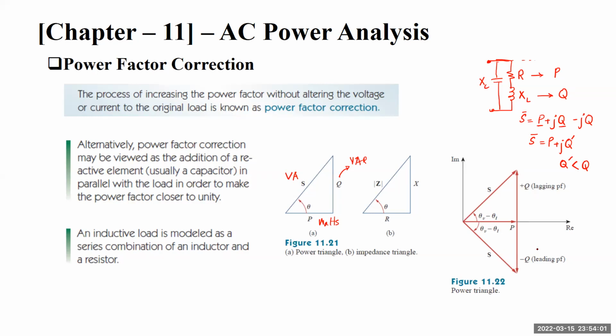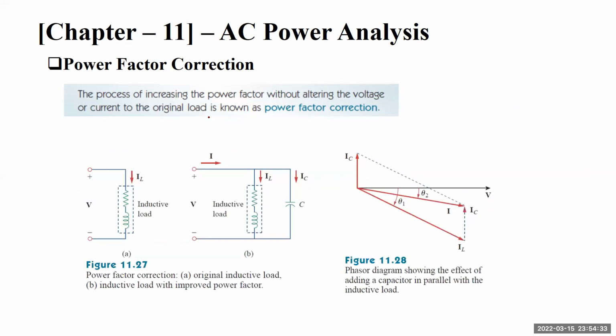We have also seen that if our load is capacitive in nature, Q will be negative and the power triangle will be in the lower half plane. Similarly, if Q is positive, meaning we have an inductive load, the power factor will be lagging. We have seen this in detail in our previous lecture.